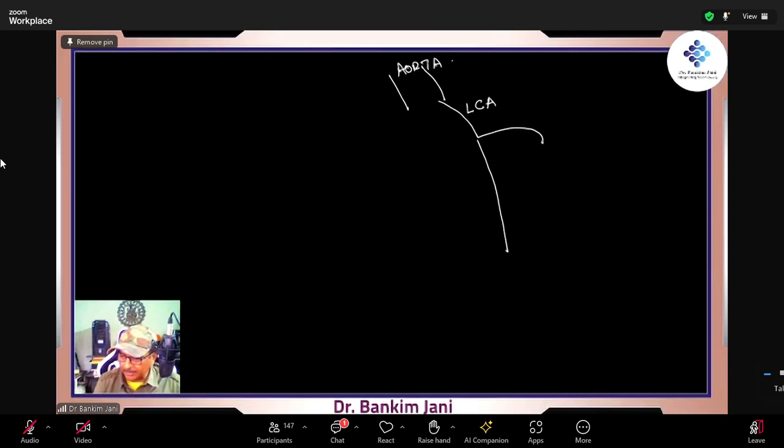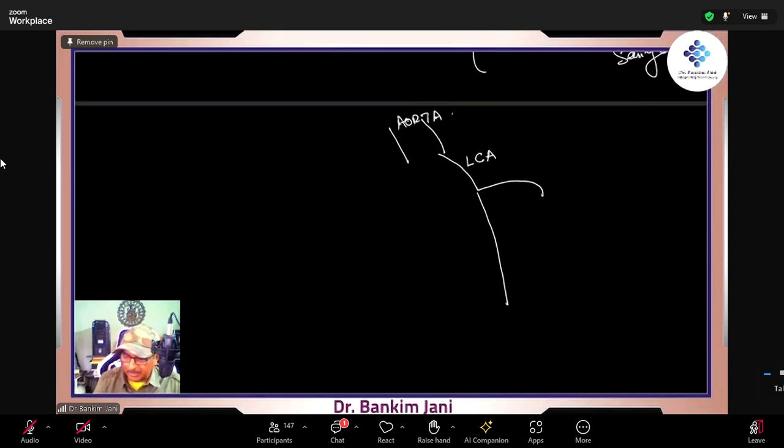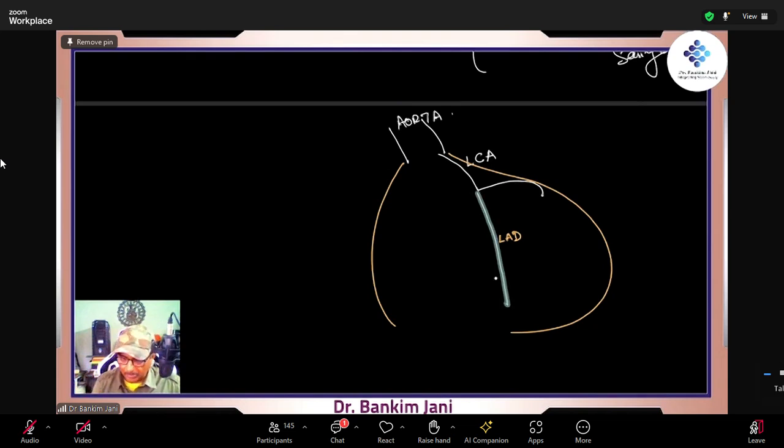So over here, the heart is something like this. This is the shape of the heart. Now it is this left anterior descending. It is on the left side. So either draw it like this. Right? So this one is the left anterior descending.